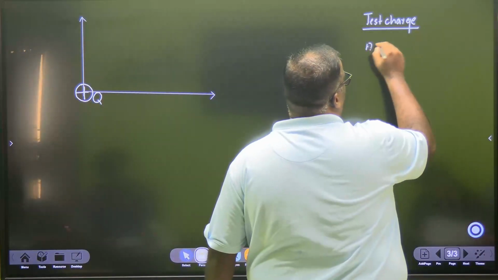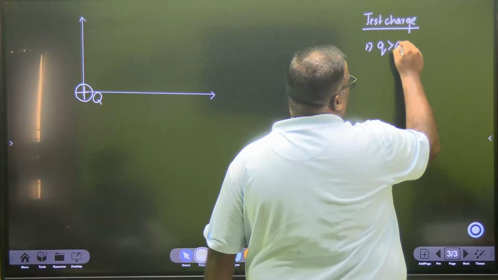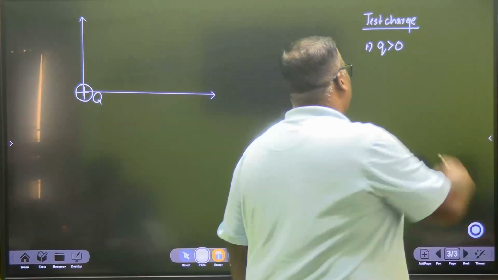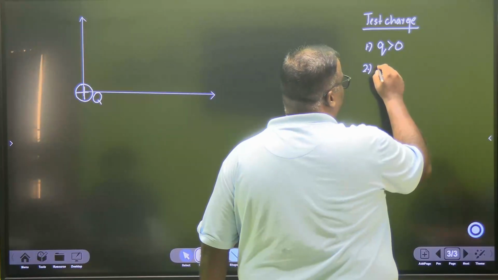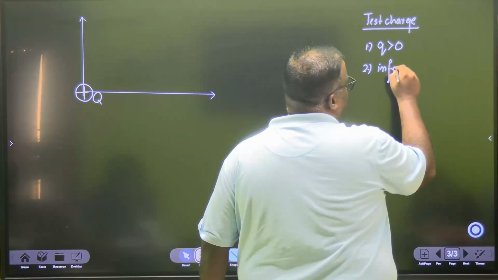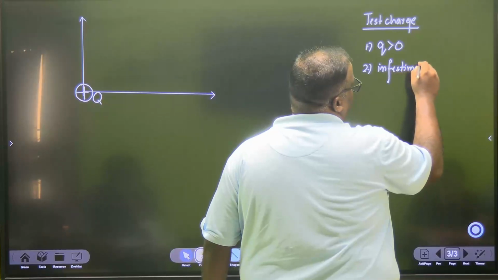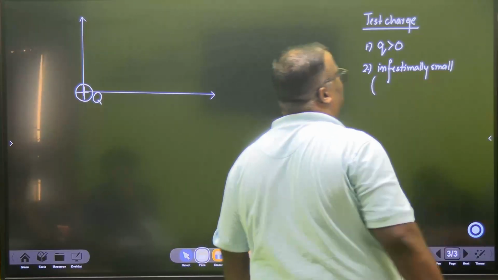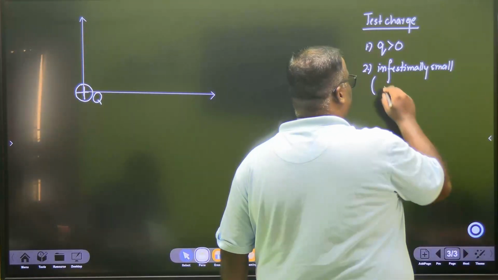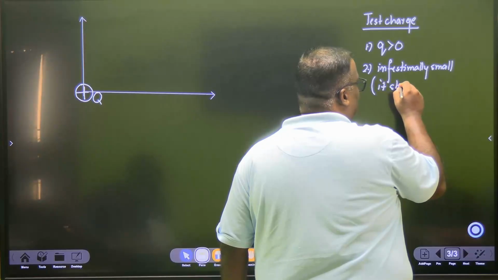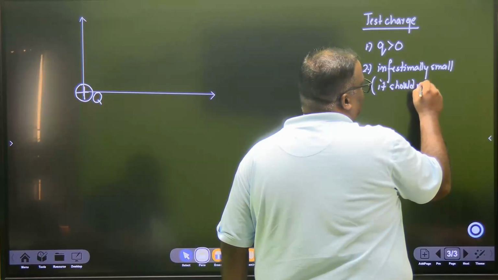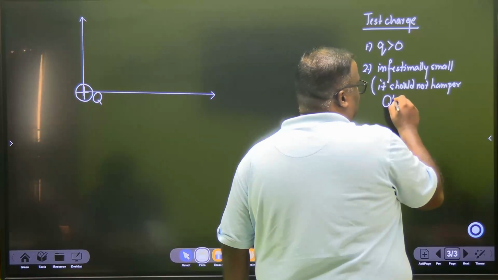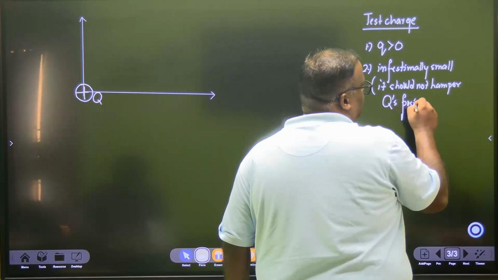Number one, I am taking the test charge as positive, q is greater than 0. The next one, I am saying it is infinitesimally small. The main idea behind this is that it should not hamper Q's position or its electric field. Why?